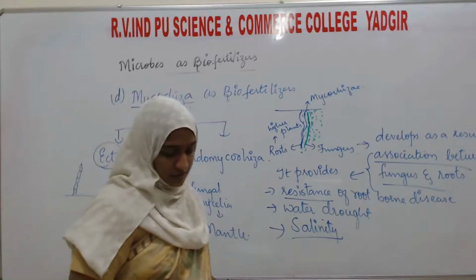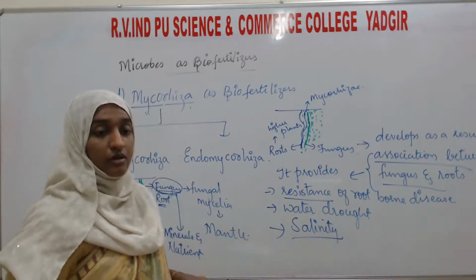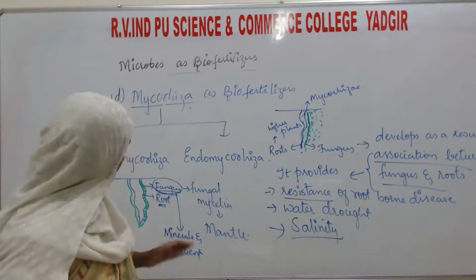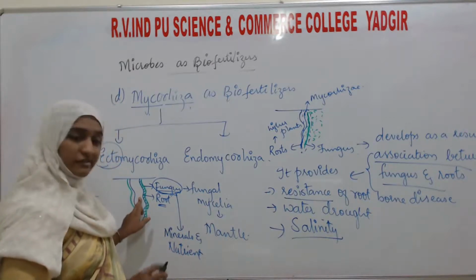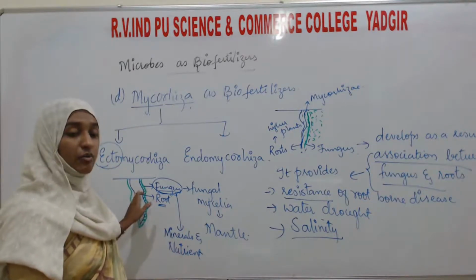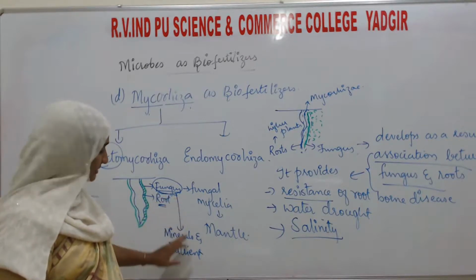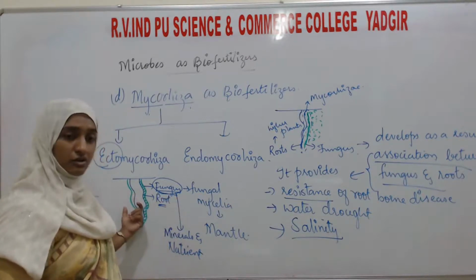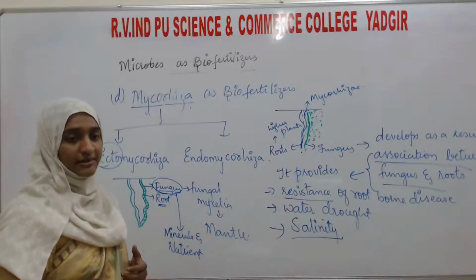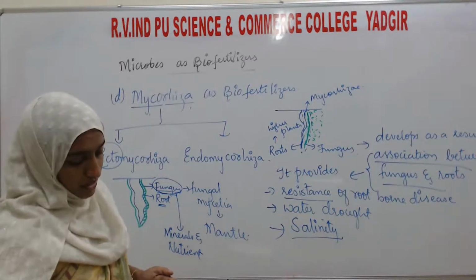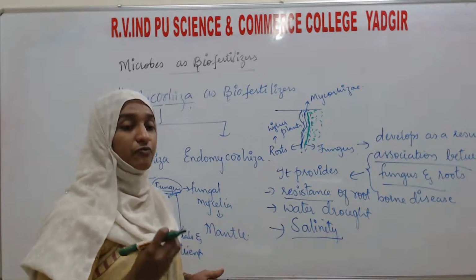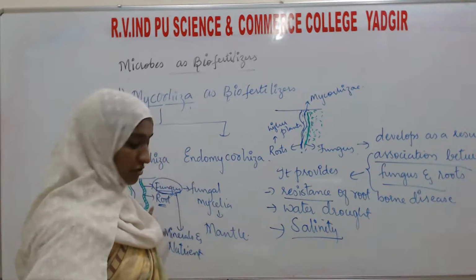Okay, that mineral and nutrients they are going to provide to the roots. So in this way they are helpful to each other. In return, the root is giving some of the carbohydrate or some of the food nutrients to the fungus. The fungus is giving minerals and nutrients to the root. They are in mutualism. Next, in which type of plants will you find this ectomycorrhizae?